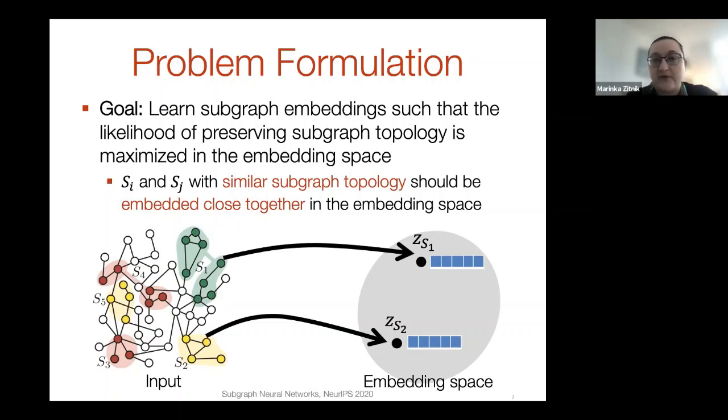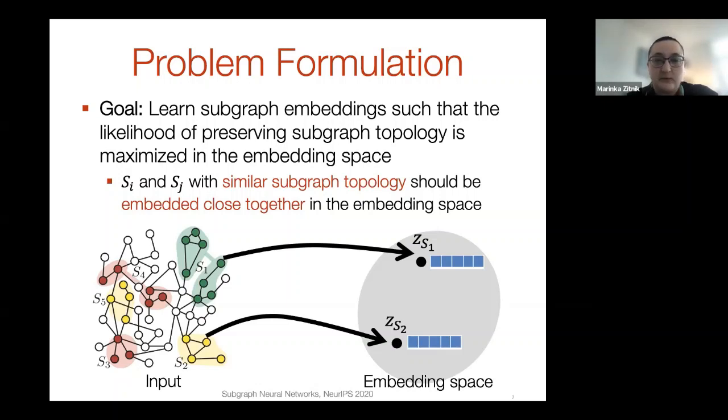I'll start with the problem formulation. The goal in subgraph neural networks is the following. What we want to do is generate embeddings, but not embeddings of individual nodes in the graph, but actually embeddings of entire subgraphs.